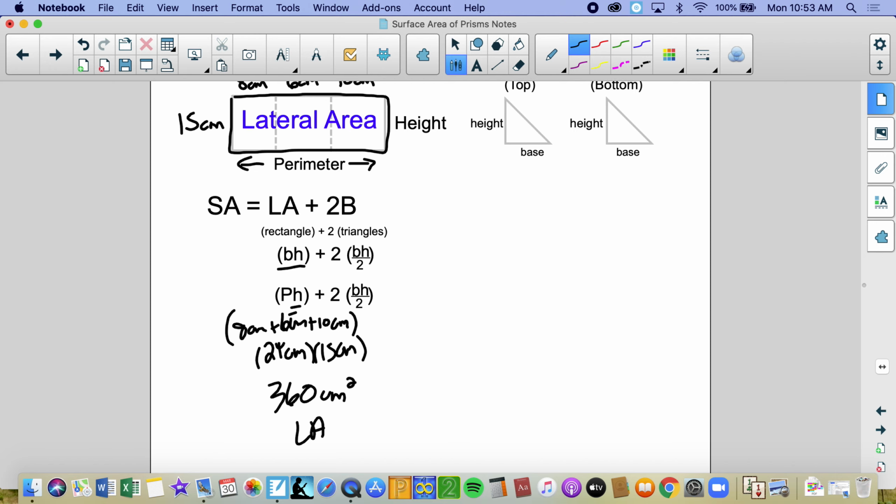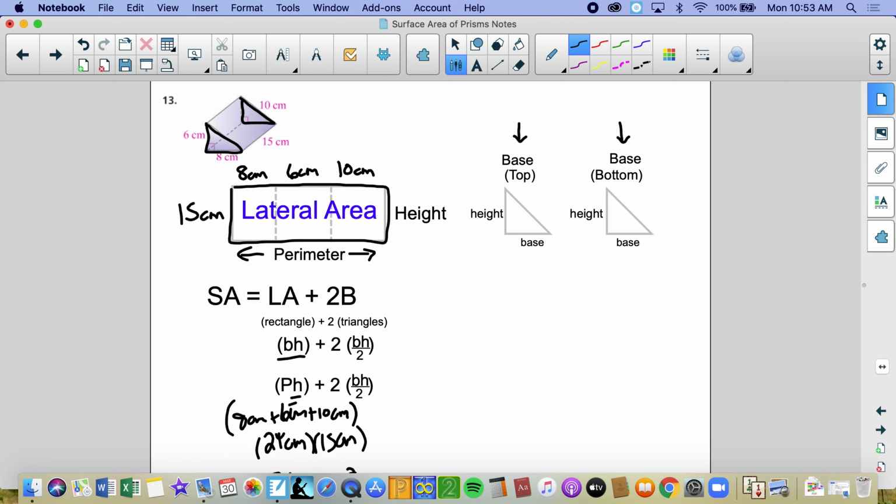Now let's figure out the base area, the 2B, 2 big B. So first of all, here's my base. My shape is a triangle. A triangle has the formula base times height divided by 2. So I'm going to take the base of the triangle. The base would be 8 centimeters.